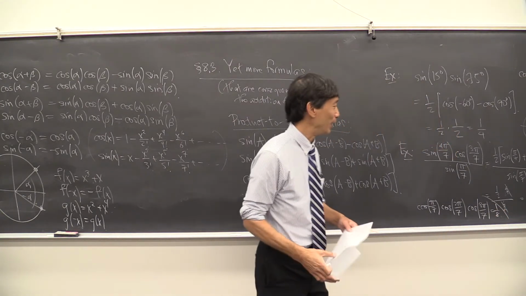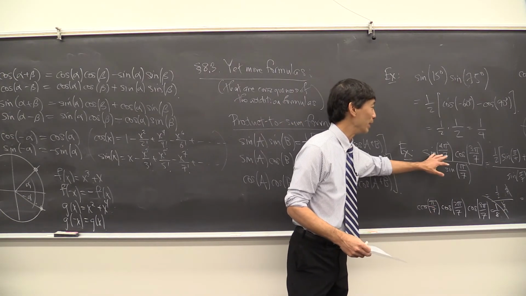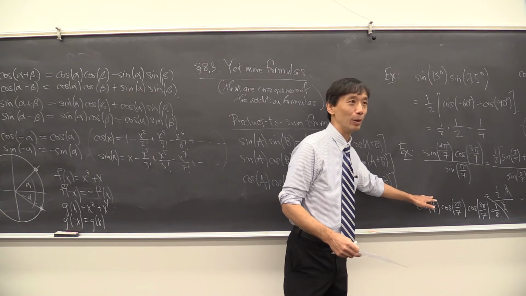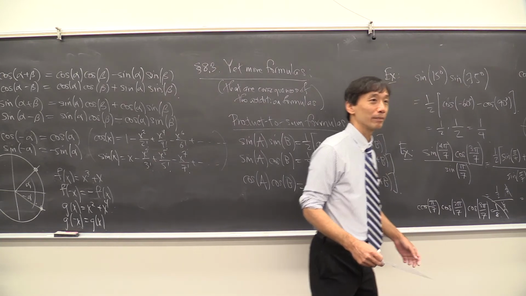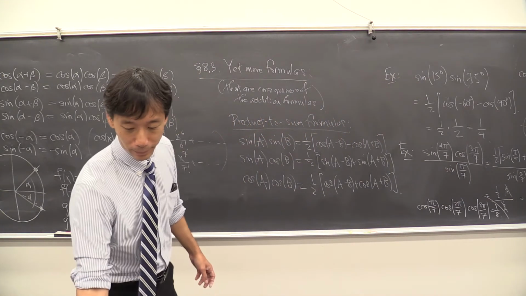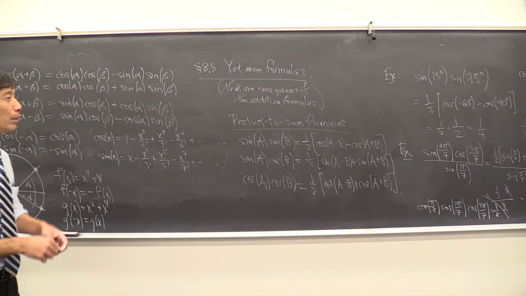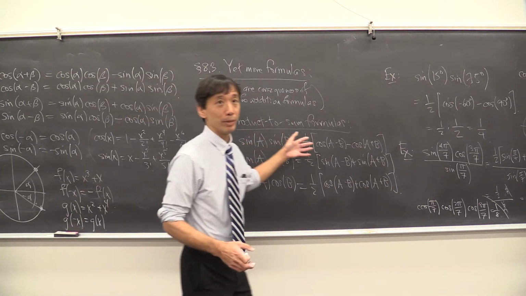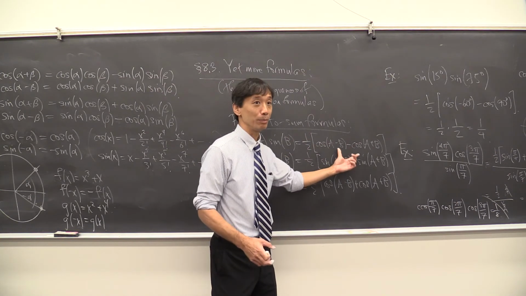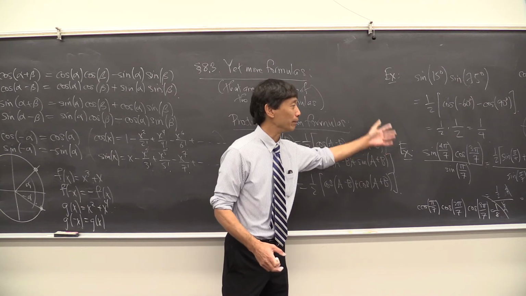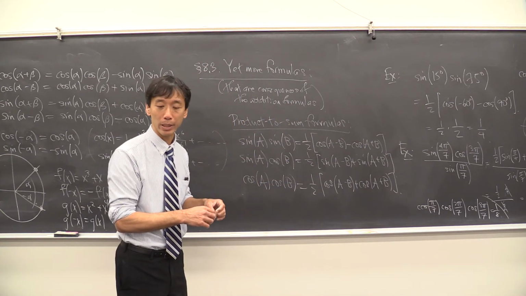That's kind of an odd thing to happen, but it does happen, and I think this might even be in your homework, and part of that will be to use this fact here. So that's application of these formulas, just plugging into the formula and getting the simple thing out.